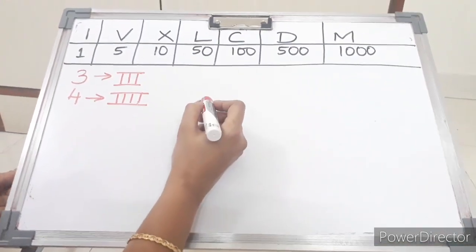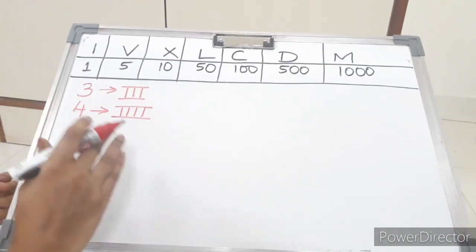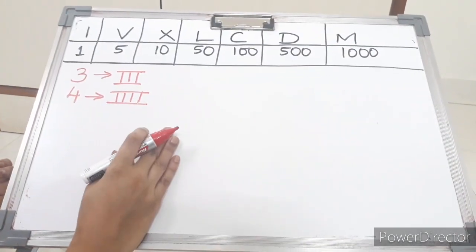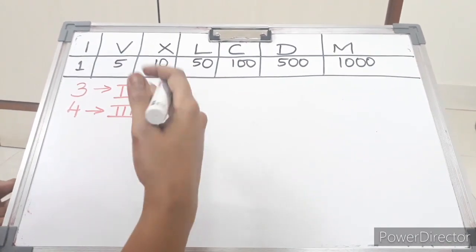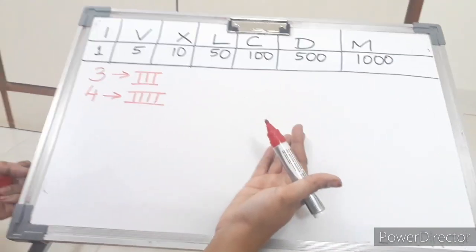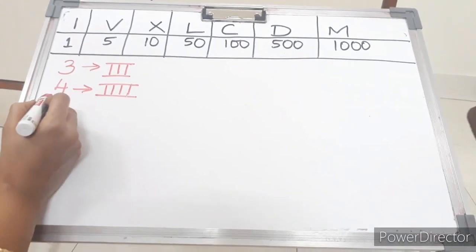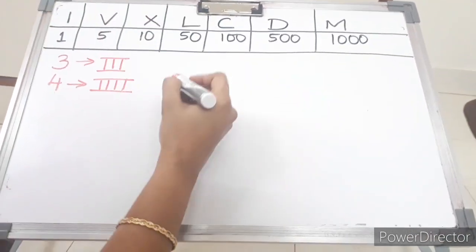When the smaller value is written on the left of the greater value, that means it is subtraction, and when the smaller value is written to the right of the greater value, that means it is addition. So now see how we will do it here. For 4, what is the slab here? 5.